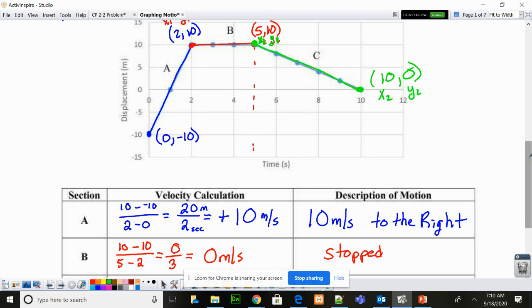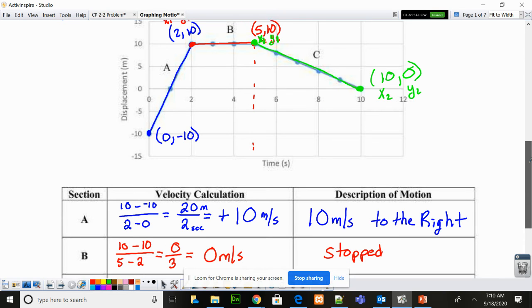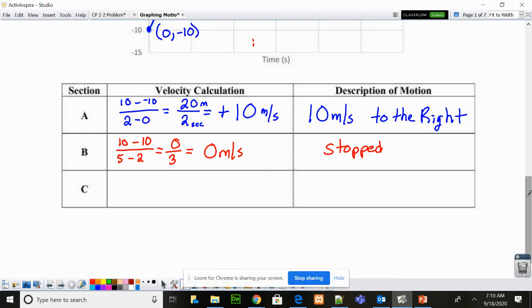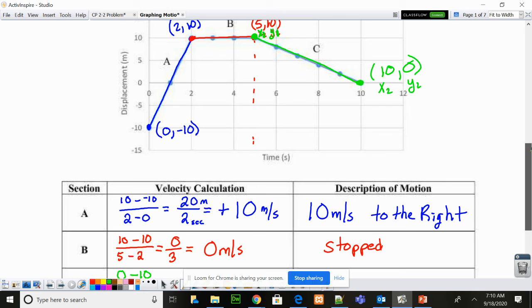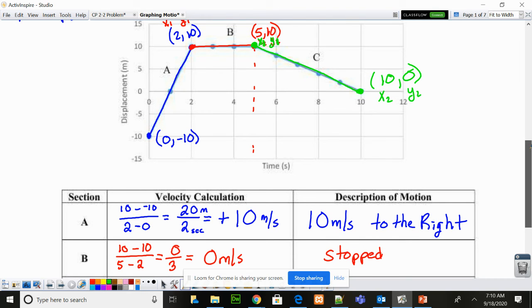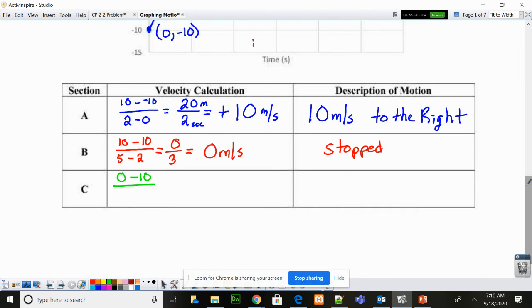So y2 is 0 and y1 was 10, so I have 0 minus 10 over x2 is 10, y2 is 5, so I have 10 minus 5 on the bottom. On the top, 0 minus 10 is negative 10, and 10 minus 5 is positive 5. Negative 10 divided by positive 5 is negative 2.